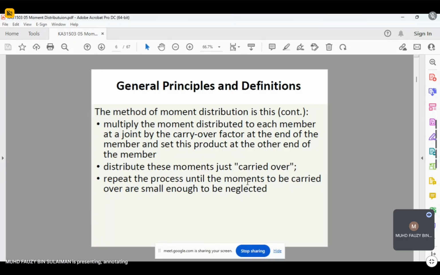Repeat the process. The moment distribution method is the very simplest method in TOS2.